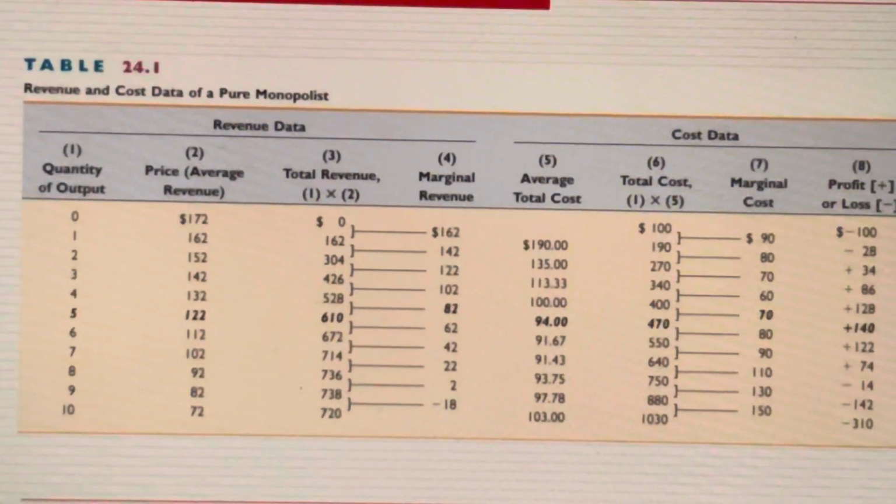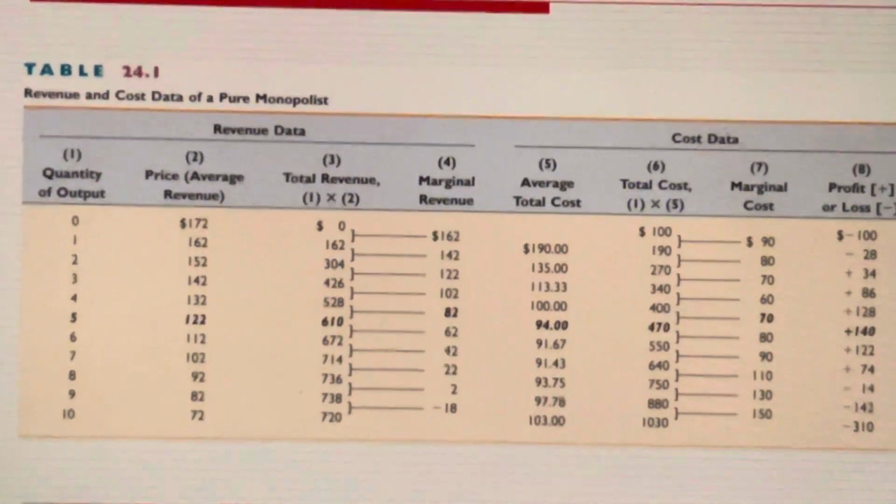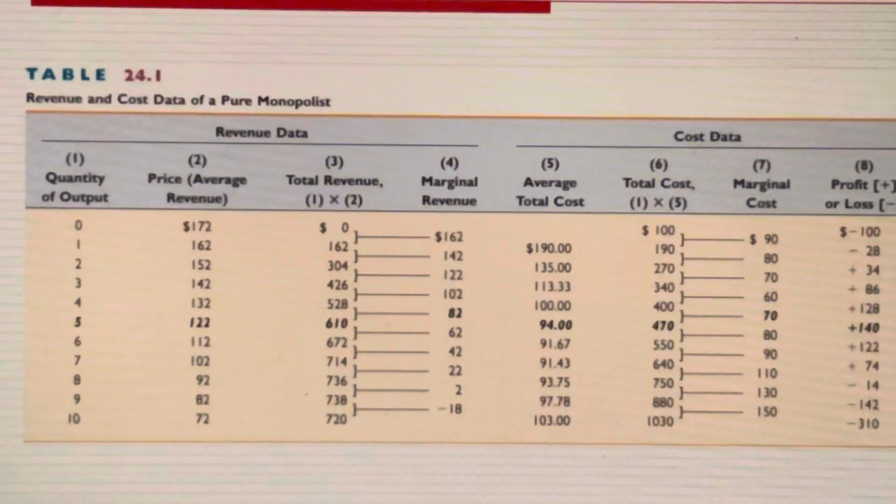The quantity of output always matters. As I mentioned before, if we demand less quantity, the price per unit will mostly be on the higher side, but if we demand more units, then the per unit price will always be lesser.